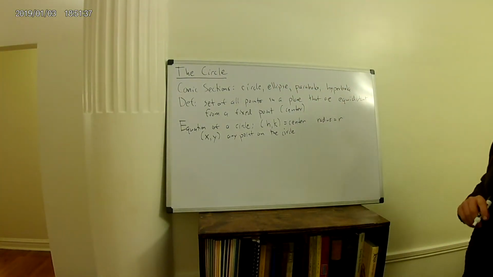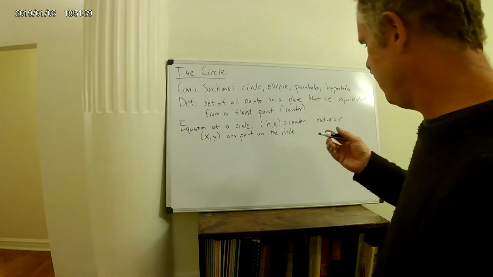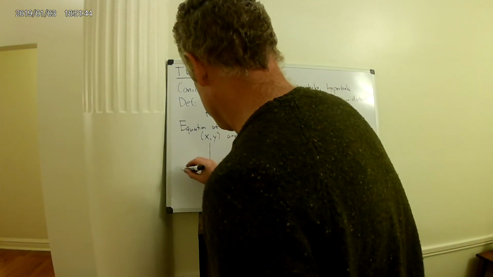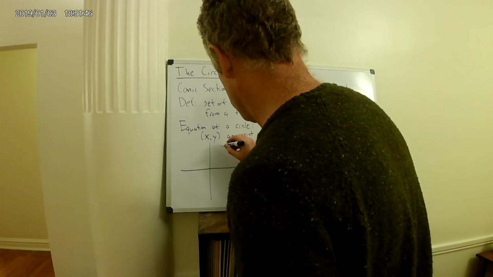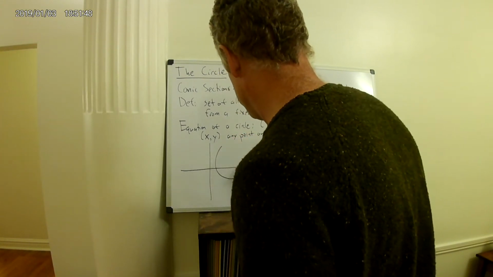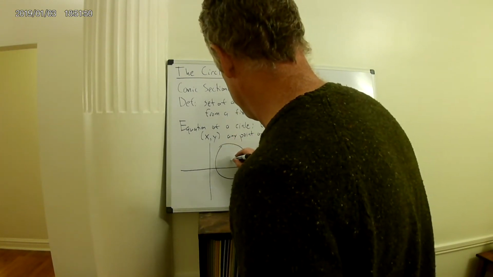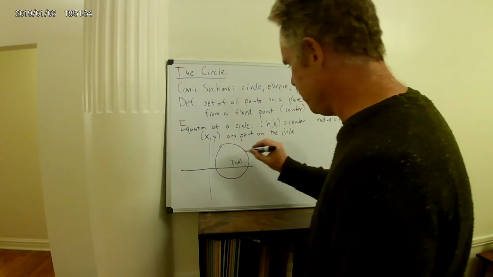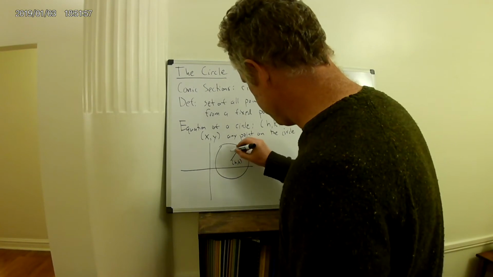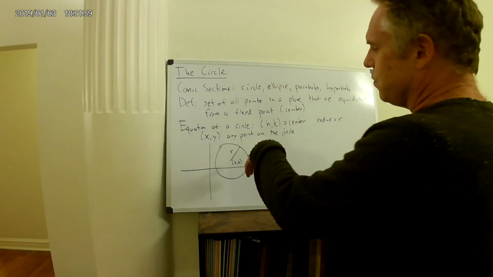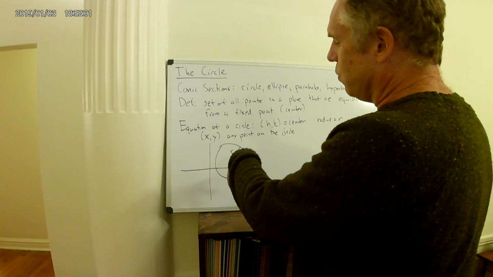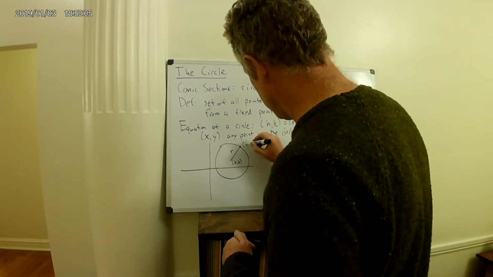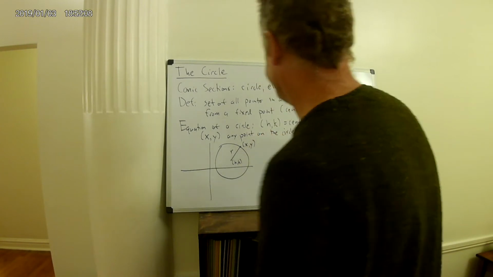Okay, and we can now draw a diagram of this so we can see visually better what's going on. So if we have some circle located like this, we have a center here. This center is the point (h, k). And r is the radius. In other words, r is the distance from any point along the circle to the center. And then we can represent any point on this circle as being the point (x, y).